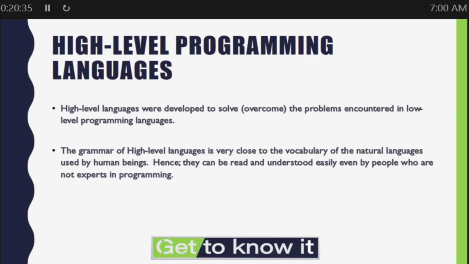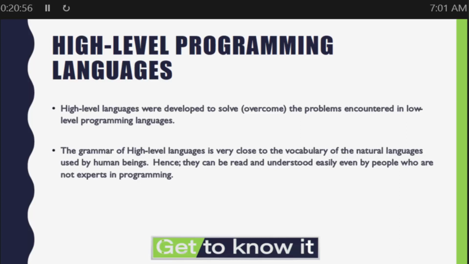They are machine independent, and this means that they do not depend on a particular machine and are able to run on any family of computers provided the relevant translator software is installed. So again, something pops up here.